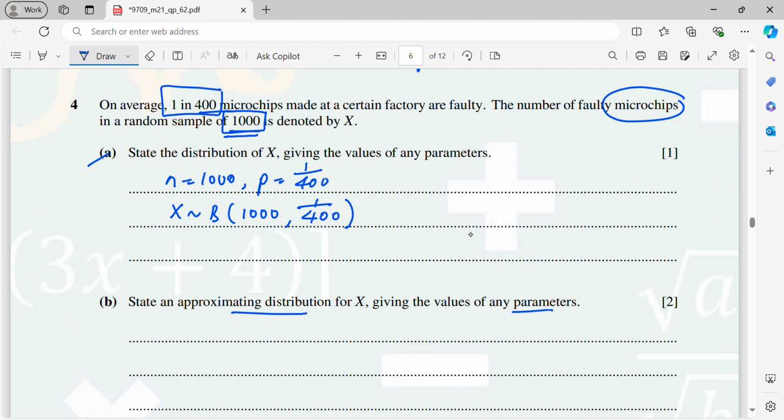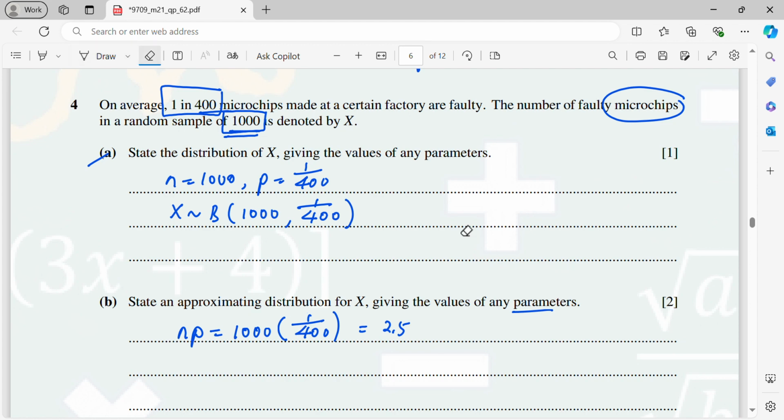Now, normally when the binomial distribution has a large n, we will approximate it with either a normal distribution or a Poisson distribution. So it depends on the calculation here. So now we will just do the calculation. np equals 1000 times 1 over 400, and you will find that this is 2.5.